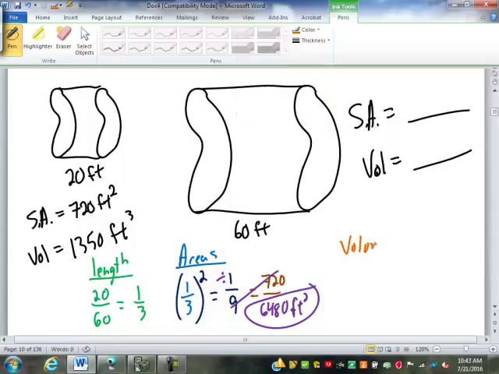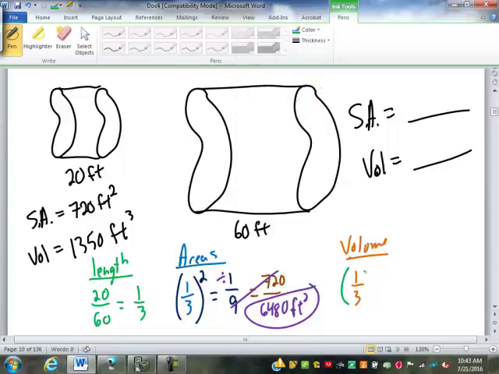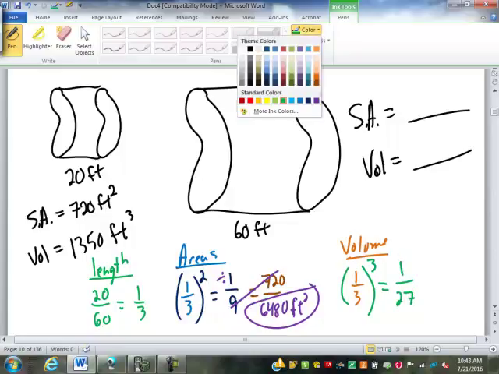For the volume, we go back to our ratio of length of 1/3. What do we do with it? Cube it. So what do we get? 1 over 27, perfect.